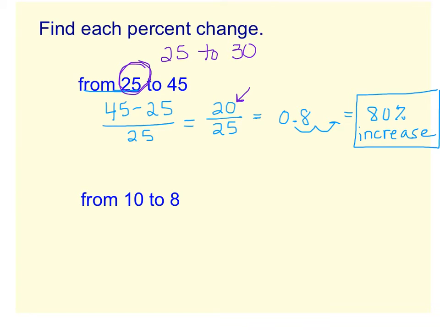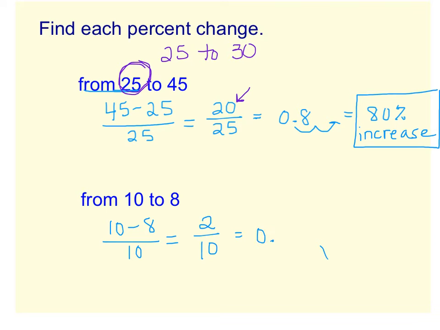All right, so if we're going from 10 to 8, to find the percent change, first we subtract bigger minus smaller, 10 minus 8, and divide by your starting amount. Well, we went from 10, so it starts with 10. 10 minus 8 is 2. Now, if you can see, we had 10 and we only decreased by 2, so that's going to give us a smaller percent than the last one. Over 10. And then you just say, well, what's 2 divided by 10?